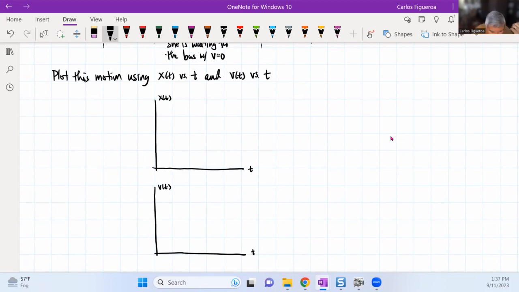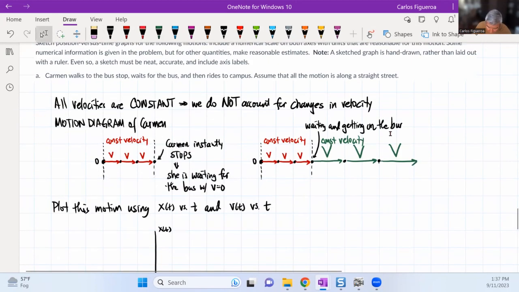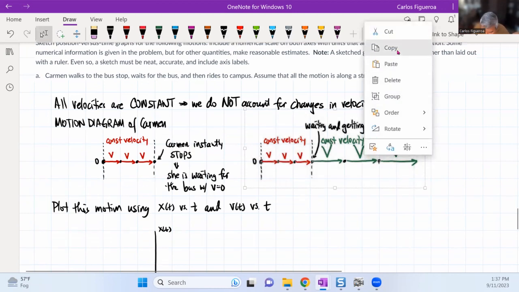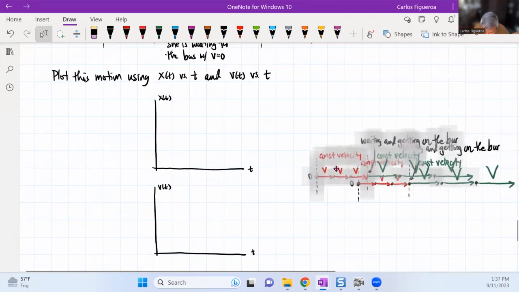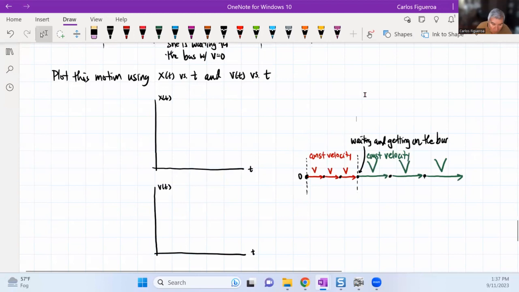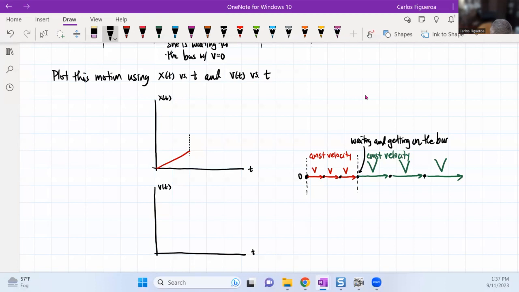So what's going to happen here? Carmen is walking. Look at the motion diagram, right? Maybe we can bring this down here, copy it, so that way we don't have to be going up and back. So she moves at a slower speed. So here we go. So we're going to say here is that her slope looks like this. And what you're seeing here is that this is the interval where she's moving at constant velocity.